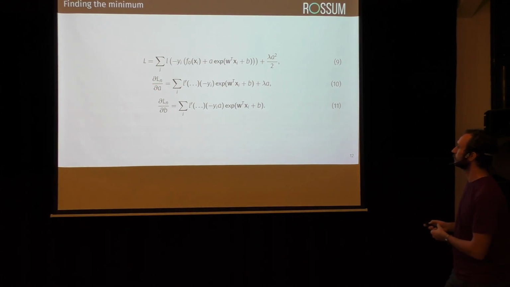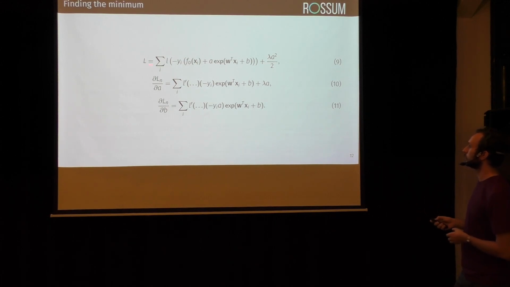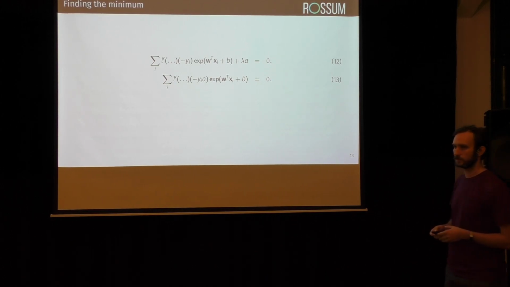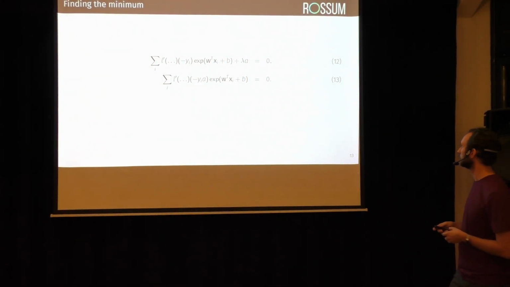You can check real quick that these two are really the partial derivatives that we need. And in order to find the minimum of the loss function, we're searching for the parameters A and B. You would take these equations, make them equal to 0 and try to solve the set of equations, right?